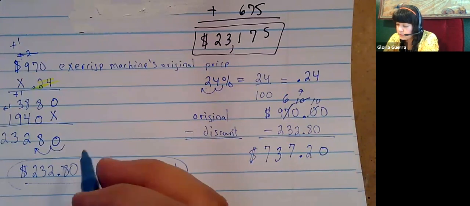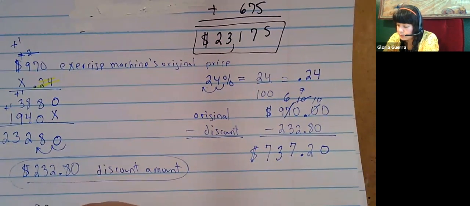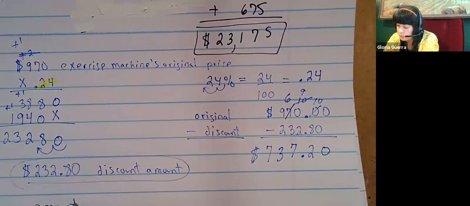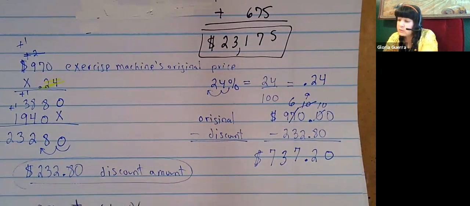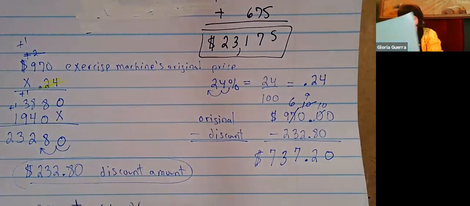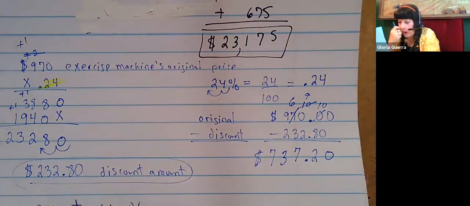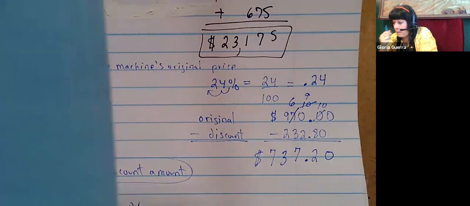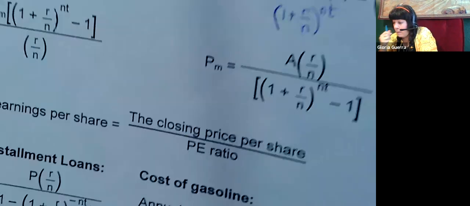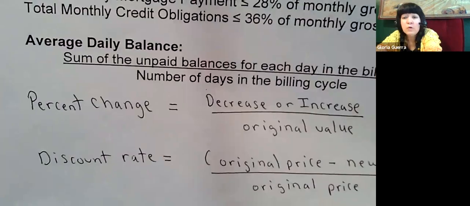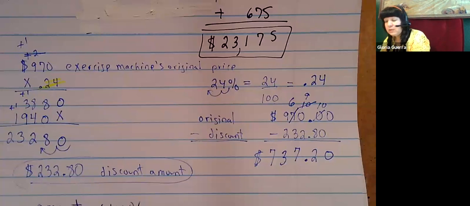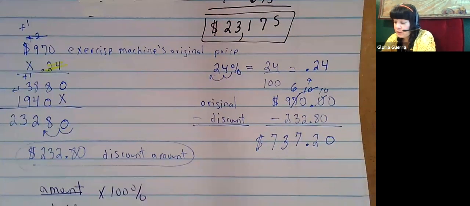The formula that I'm using is the amount over the base times 100%. I don't necessarily see that as one of our choices here, and so you can write that on your practice test: amount over base times 100%.